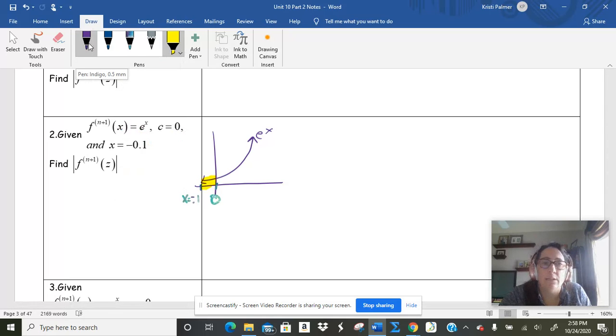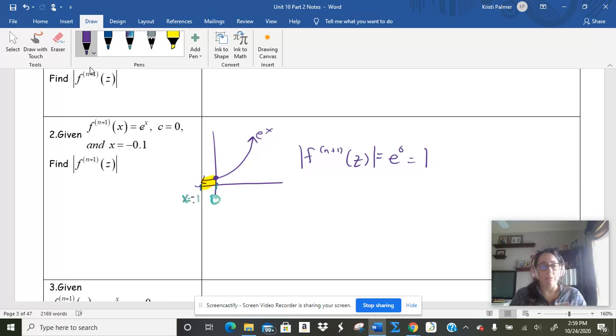It's all positive, so I don't have to worry about the absolute value bars yet, but now the absolute max happens at 0. So that happens at e to the 0, which is 1. So I don't have to do any more rounding or anything. 1 is a really nice number to work with.